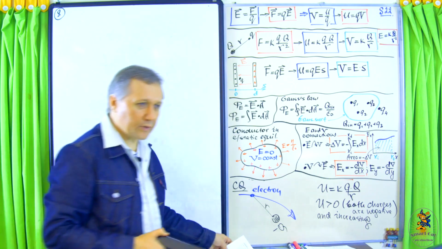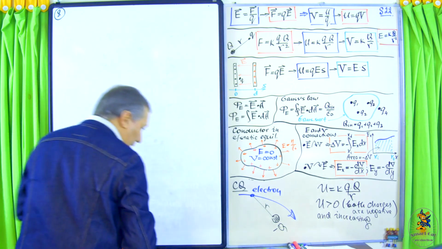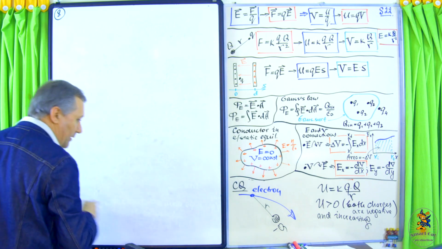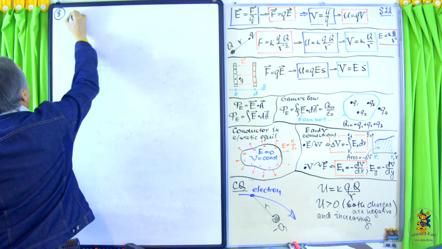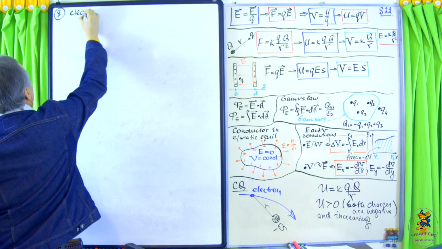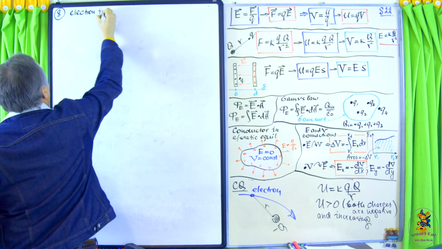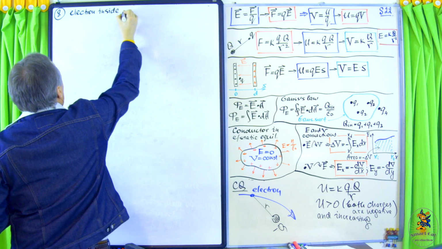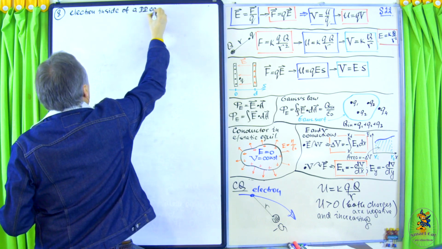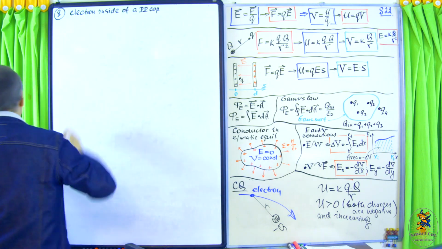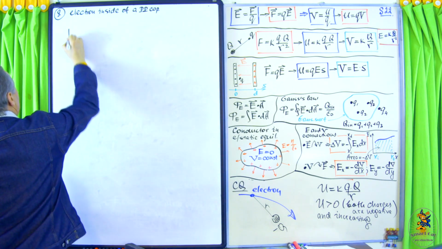Okay, let me start drawing the picture. Otherwise, it's difficult to see the whole story. So let me first write: an electron inside of a parallel plate capacitor. Right. And so let me draw.